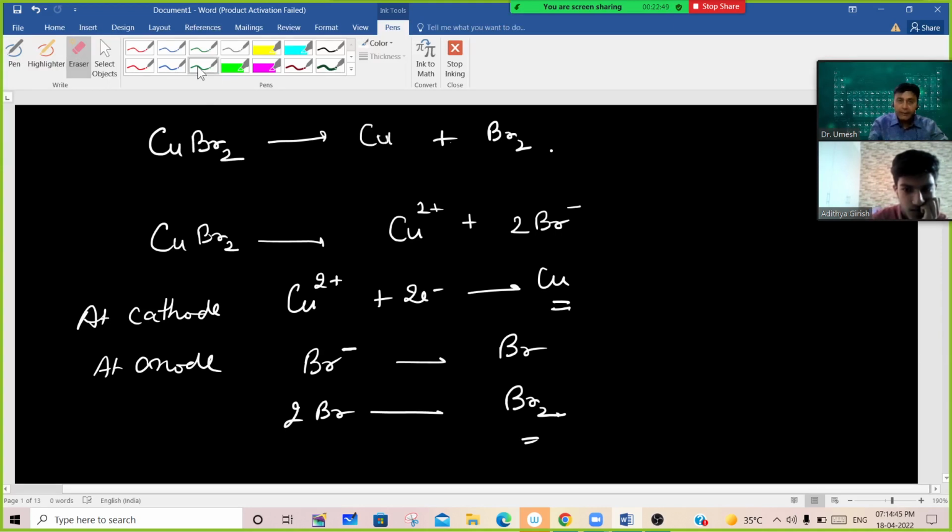You can write either plus electron on the product side, or minus electron on the reactant side. You can write any one of the two. Understood?